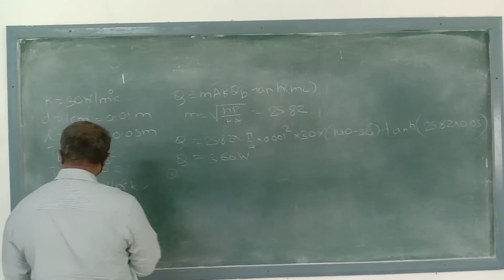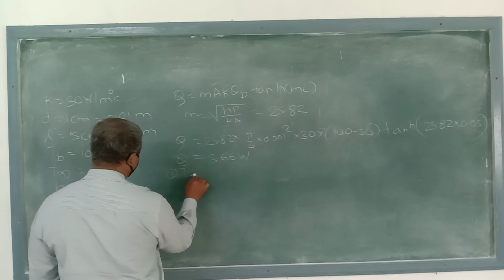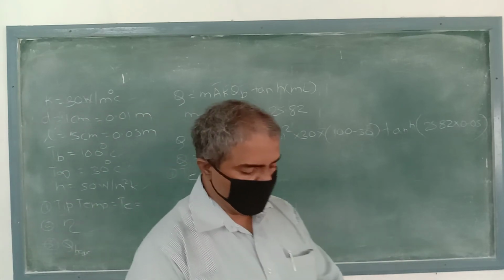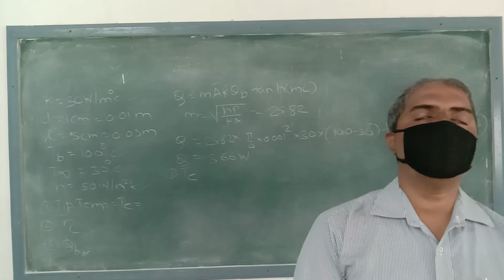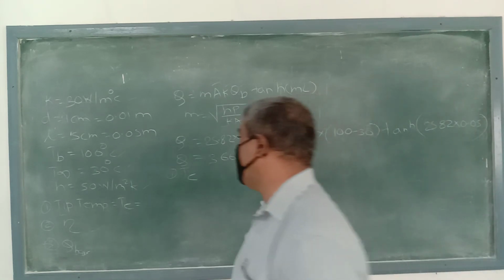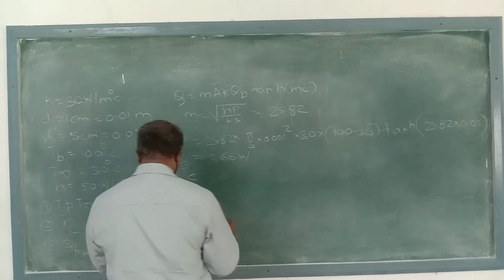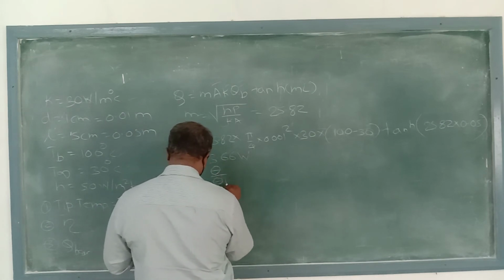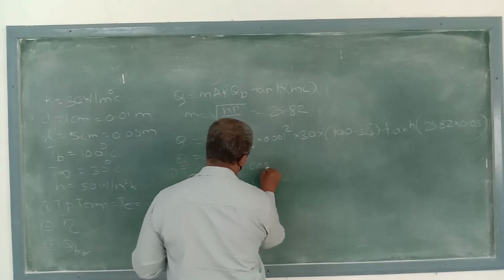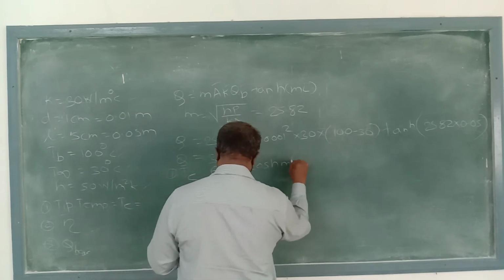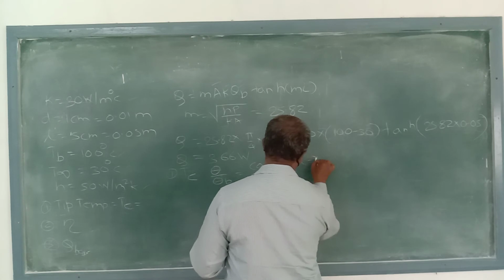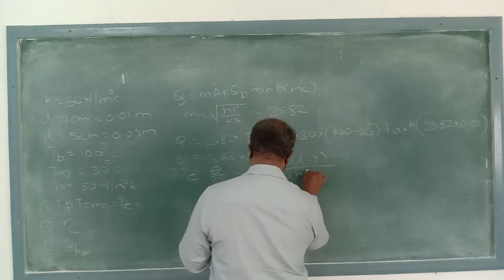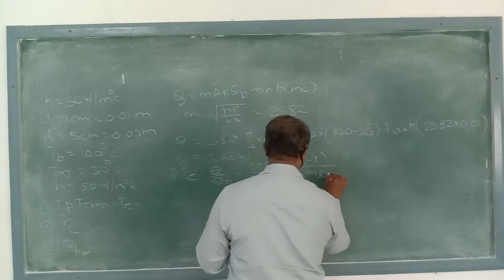So once you got the value of Q, the first unknown we are going to find out is TE. So how are we going to find the value of TE? We have the temperature distribution formula. We write that formula: theta upon theta b equals cos hyperbolic of m into (L minus x) upon cos hyperbolic of ml.